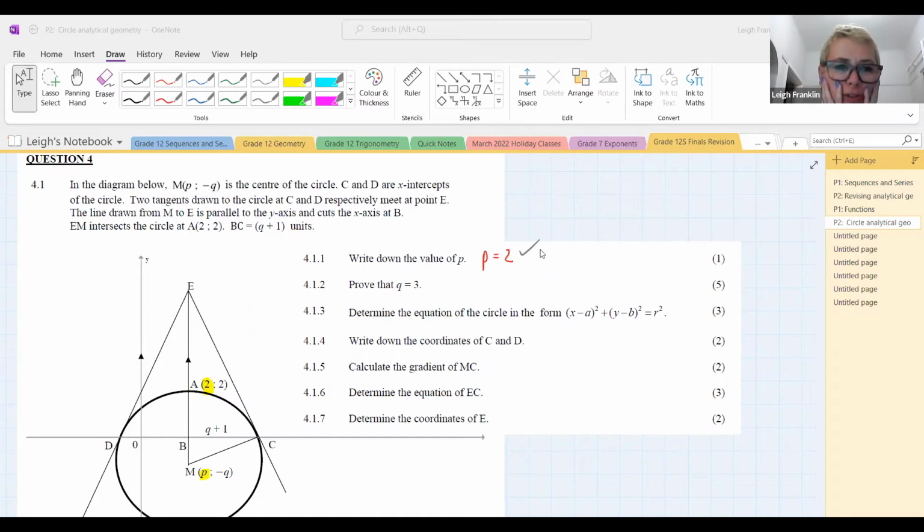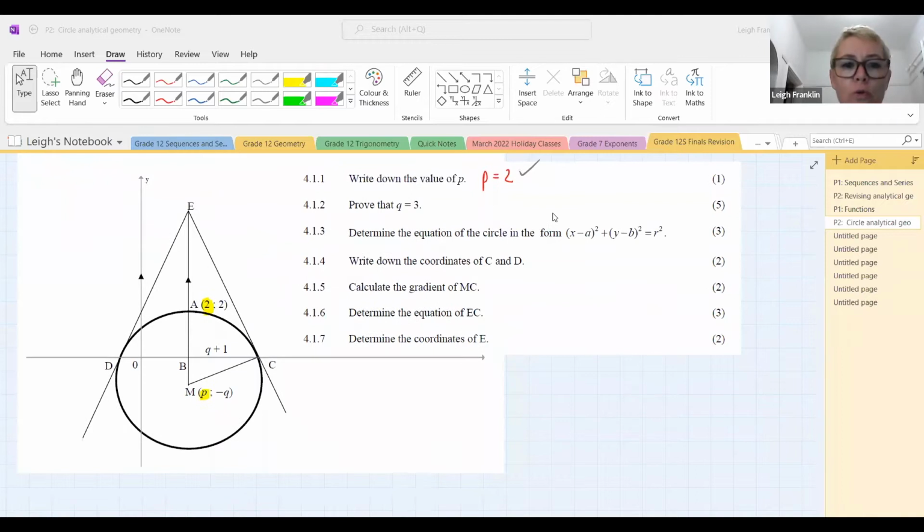What do you notice? Do you see a q anywhere? If they want us to prove that q is equal to 3, where do you see q or qs?